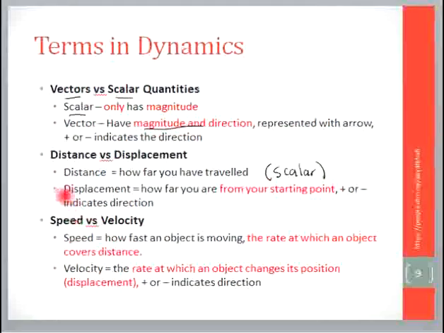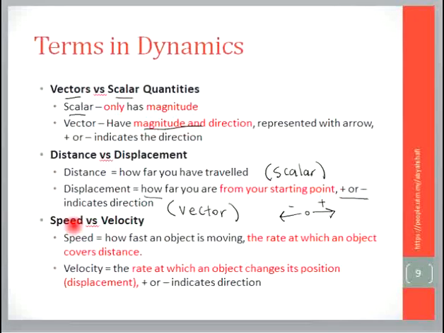The other one is displacement. Displacement is how far you are from your starting point. Positive or negative indicates the direction. So here it is a vector because it has magnitude, saying how far, and positive and negative indicate the direction. Positive indicates toward the right, and negative toward the left.